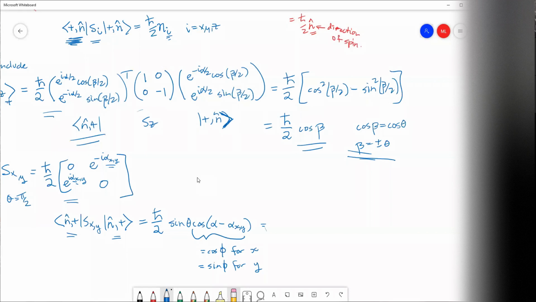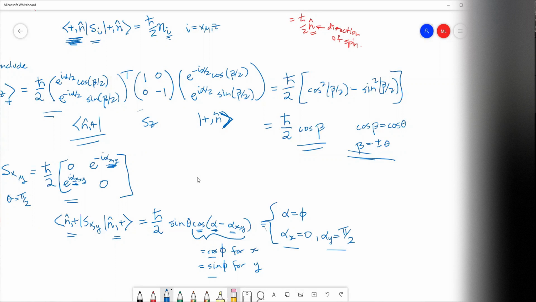And so there's two solutions here. Actually, there's multiple ways you can set alpha in order for this to work. But one way is you can just say that alpha is equal to phi, and then alpha sub x and alpha sub y in the operator are just going to be 0 for the x direction and pi over 2 for the y direction. That gives you this sine, so this becomes phi, and then these phase shifts give you the cosine phi and sine phi for the two different directions.